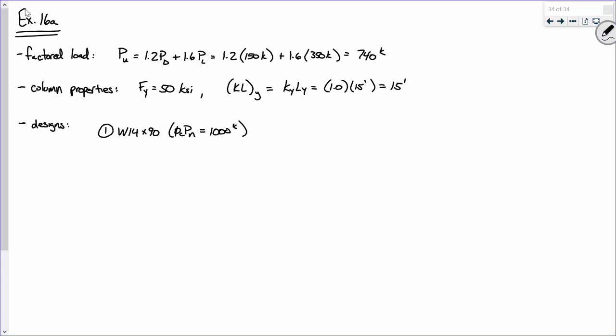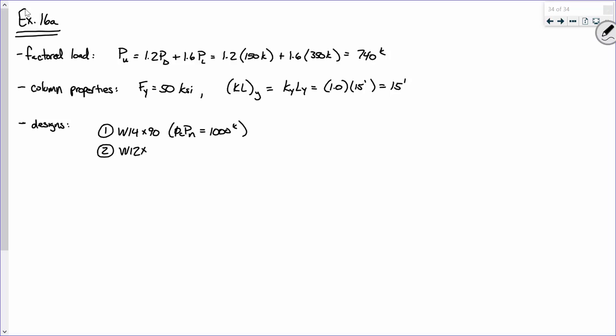Okay, so now, Mr. Fadiga, since you see this, tell me what is the lightest W12 that will work? We're going to get Mr. Fadiga on this.